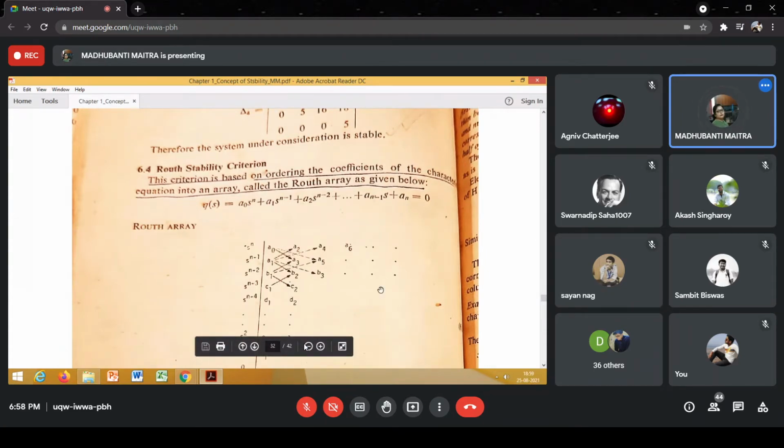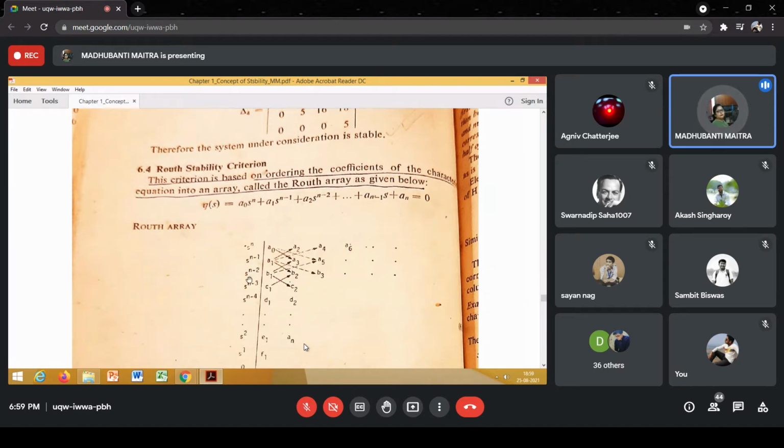Now the first row of the table or the array will correspond to the term s to the power n. So we'll write s to the power n like this. Obviously, the next row will correspond to the term s to the power n minus 1.